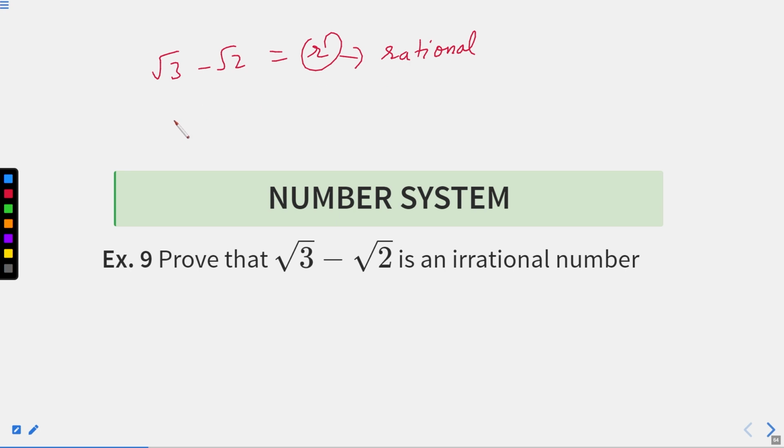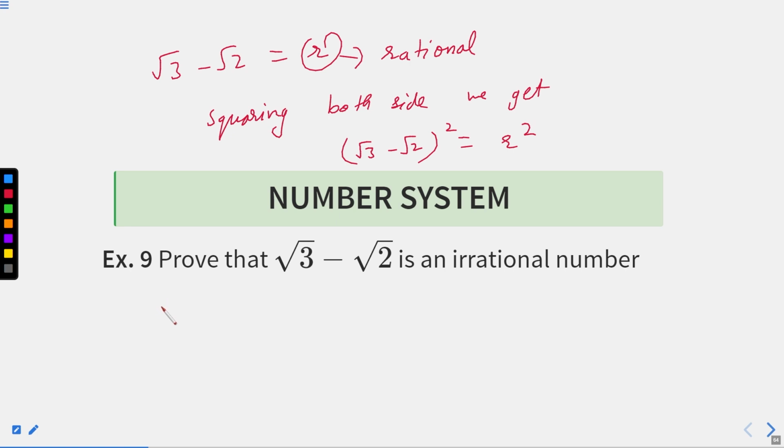Now squaring both sides, we get root 3 minus root 2 whole square is equal to r square.